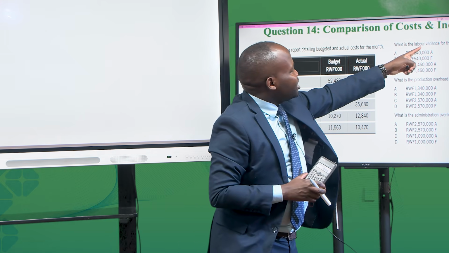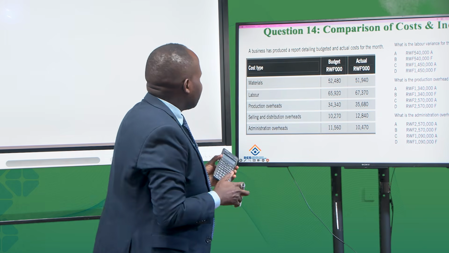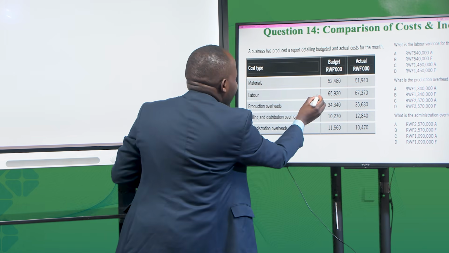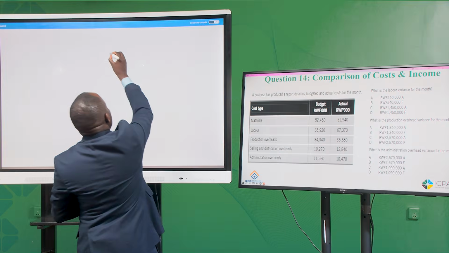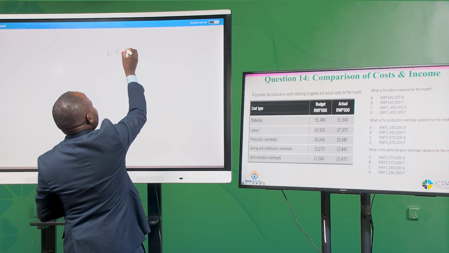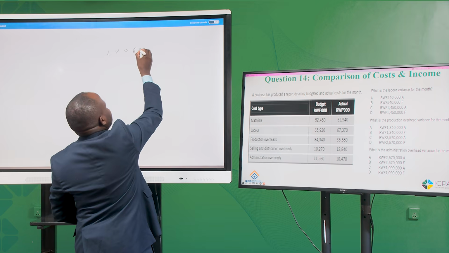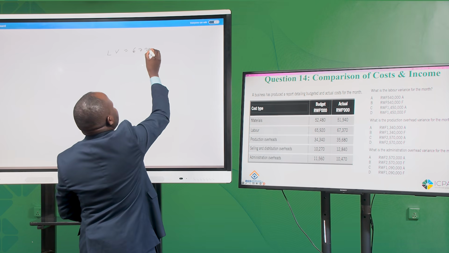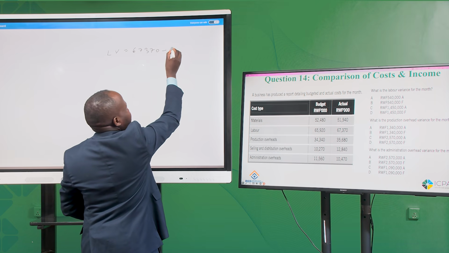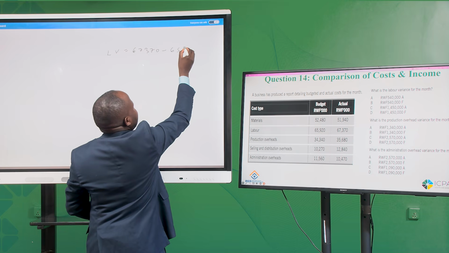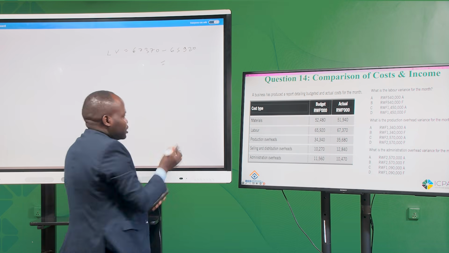What is the labor variance for the month? So the labor variance for the month is 67,370 minus 65,920. We don't even need to write that.